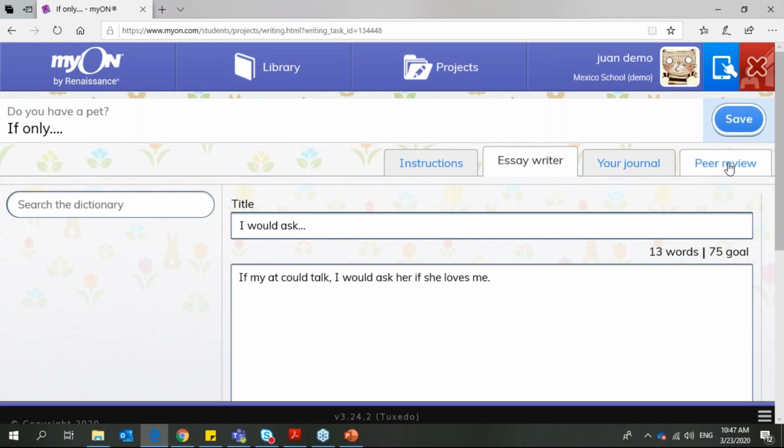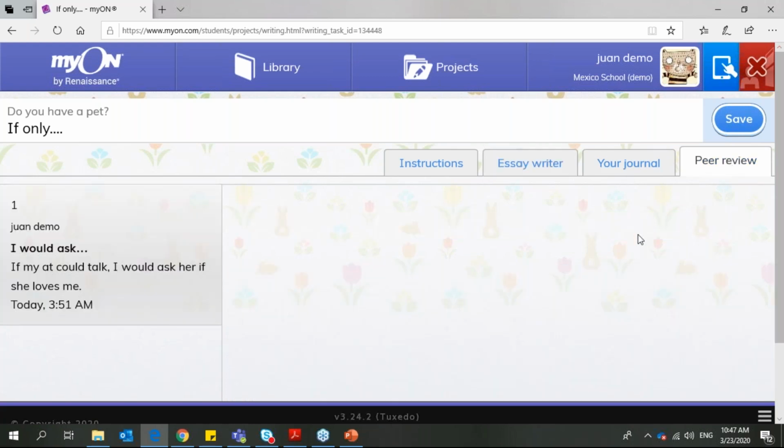This is a very important part because I ask my students to peer review. That means that they can submit a review and they can see all of their classmates' reviews. They can see everything.